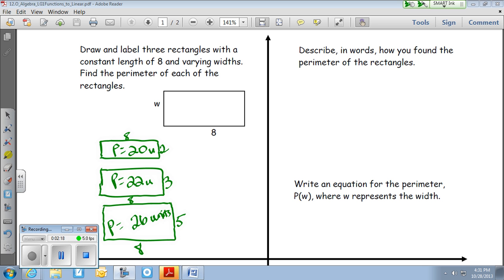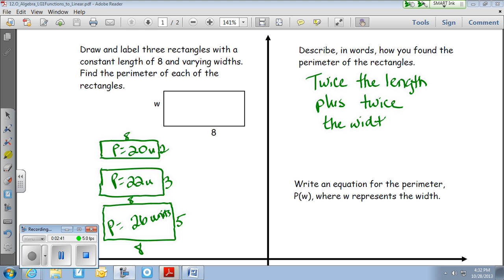So go ahead and just write how you usually find perimeter up here. All right, so that's how I find it. Maybe you have something else. Just write down how you find perimeter of your rectangle.